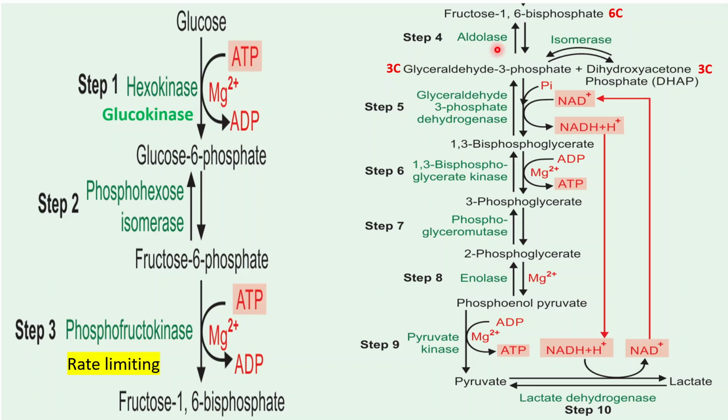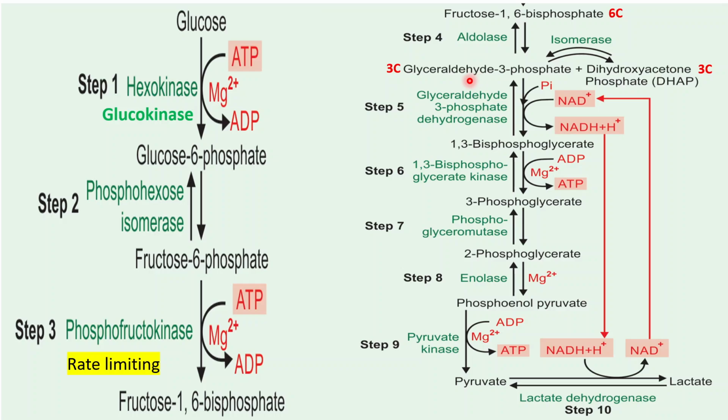Then fructose 1,6 bisphosphate, which is 6 carbon, is broken down by aldolase, which is a lyase, not a hydrolytic enzyme. Here water is not required. In the absence of water, aldolase breaks fructose 1,6 bisphosphate into glyceraldehyde 3-phosphate and dihydroxyacetone phosphate, which are isomers of each other. So we can say that we get two molecules of glyceraldehyde 3-phosphate.